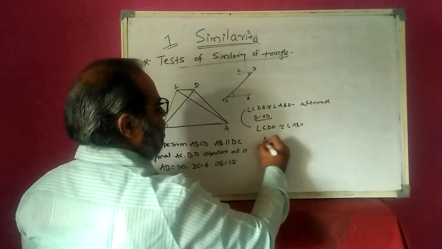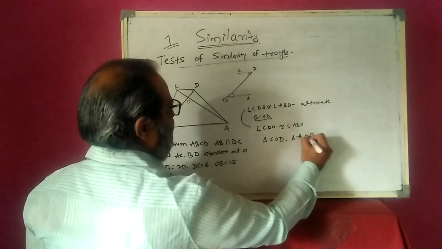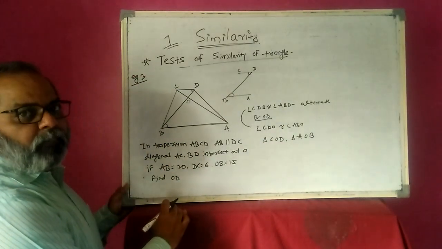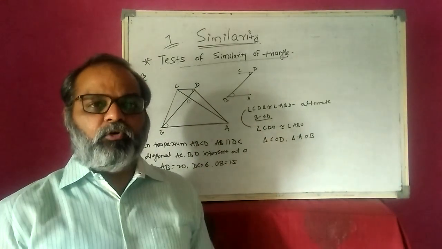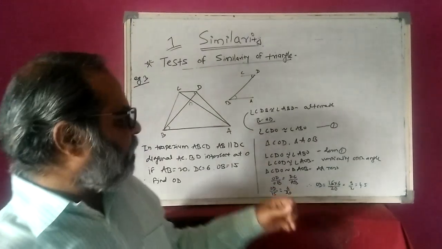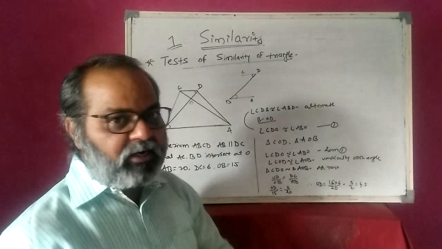Now take two triangles, COD and AOB. We just proved angle CDO is congruent to angle ABO, I write equation 1.